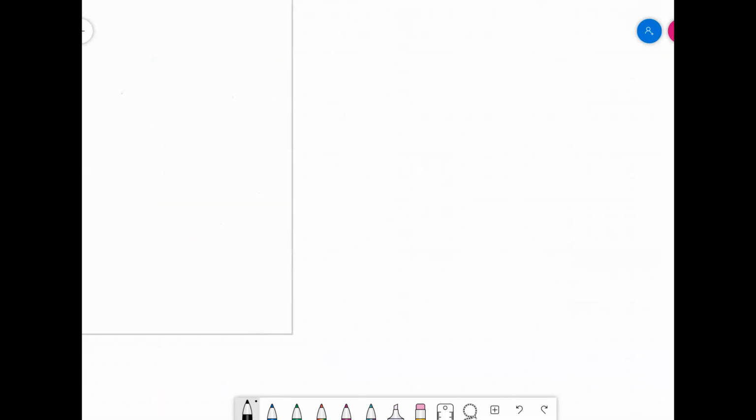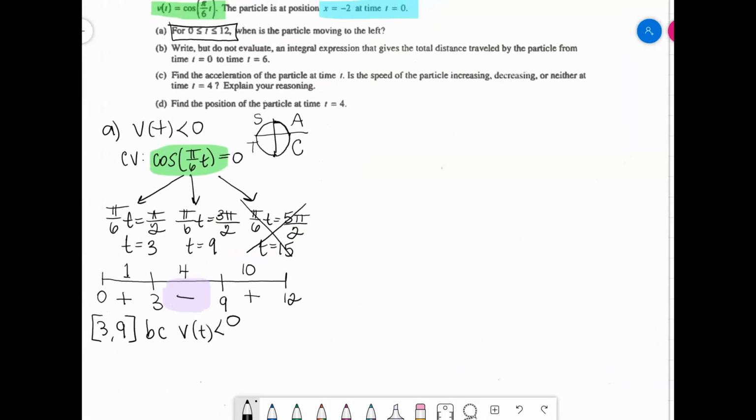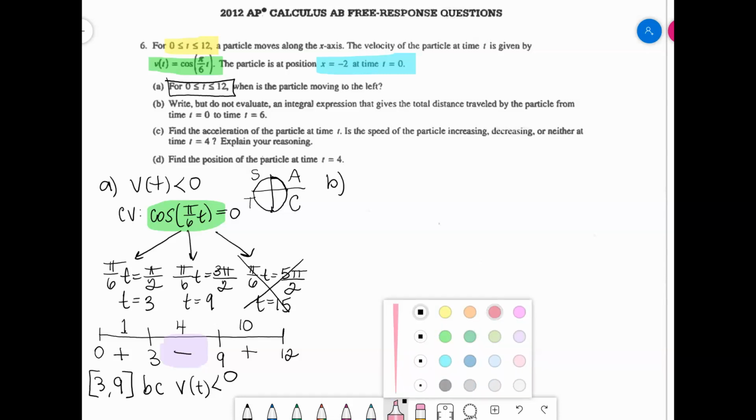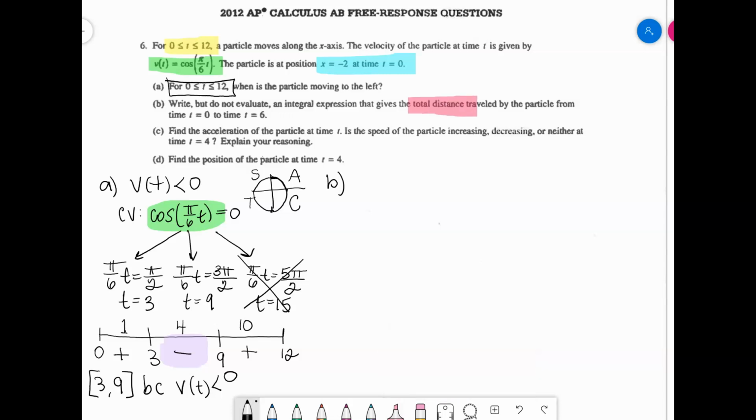All right, part B. Okay, for part B, write but do not evaluate an integral expression that gives the total distance traveled by the particle. So let's review that concept. Total distance is equal to the integral of the absolute value of velocity.